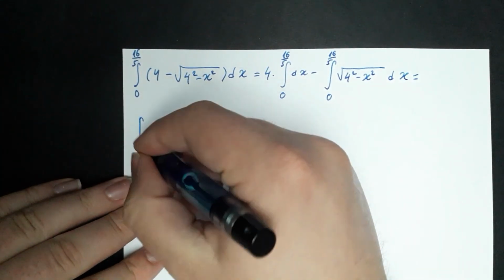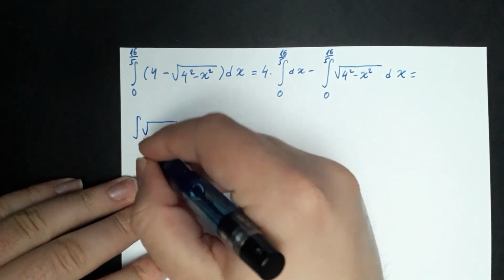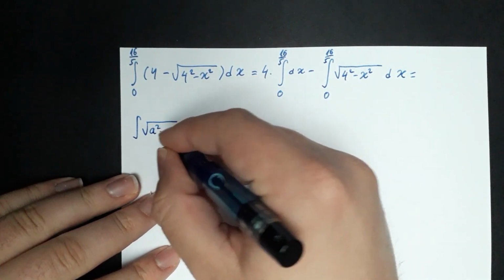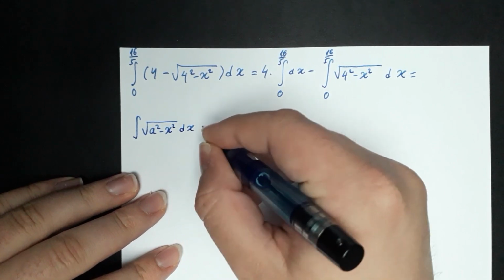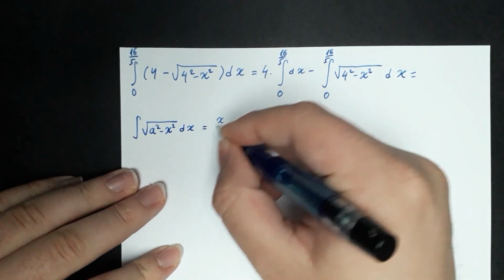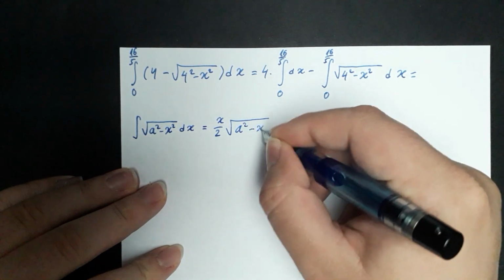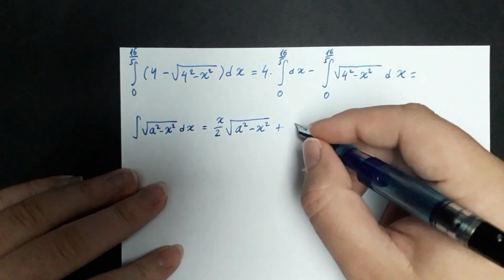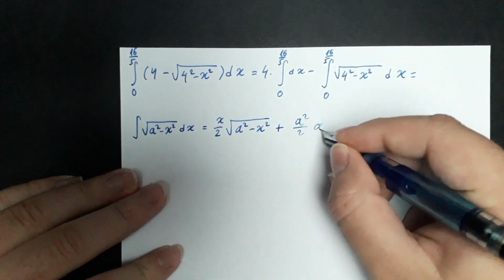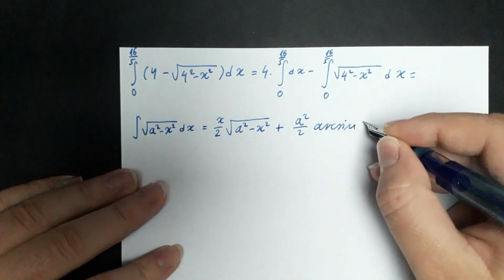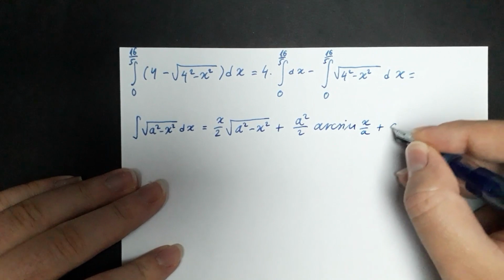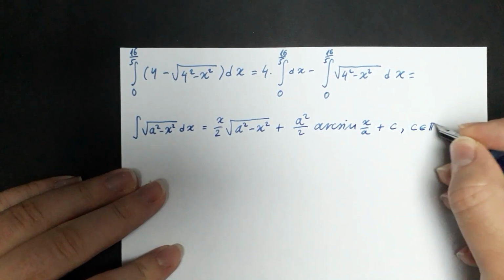We have already solved an integral of the square root of a squared minus x squared dx, and that was equal to x over 2 times the square root of a squared minus x squared plus a squared over 2 arcsine of x over a plus c, where c is a real number.